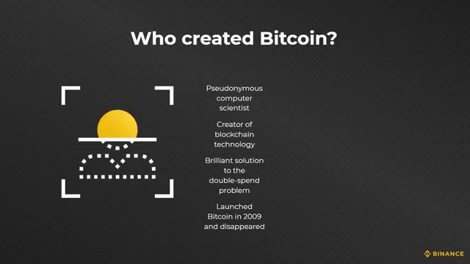So who created Bitcoin? A lot of people have been asking this question: how did Bitcoin come into existence? So he's actually like a pseudo computer scientist. The person that created Bitcoin is the creator of blockchain technology, a brilliant solution to the double spend problem.